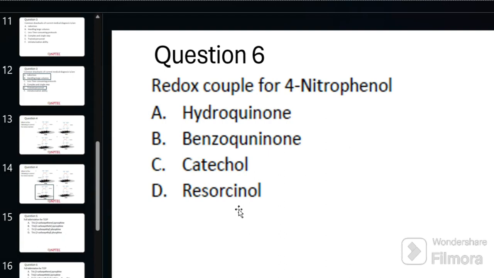So we move to the next question. We want to find the redox couple for 4-nitrophenol, hydroquinone, benzoquinone, catechol, and resorcinol. These things are mentioned in the lecture.